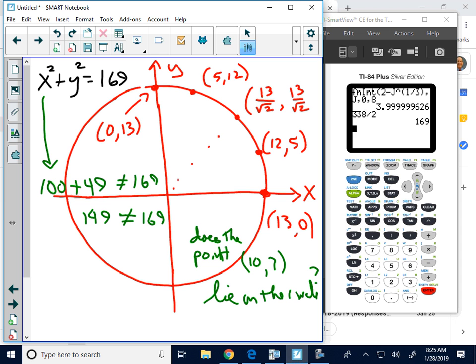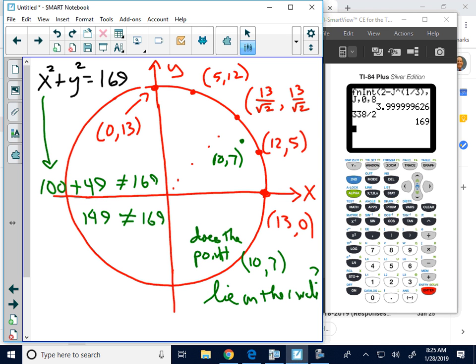And how could you tell? Well, take a guess. Why would you say inside? It's smaller than 169. You're correct. So that point, (10, 7), might be something like here. Inside the circle, because the sum is less than the radius squared.